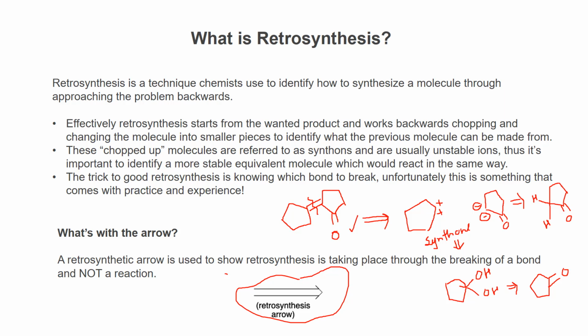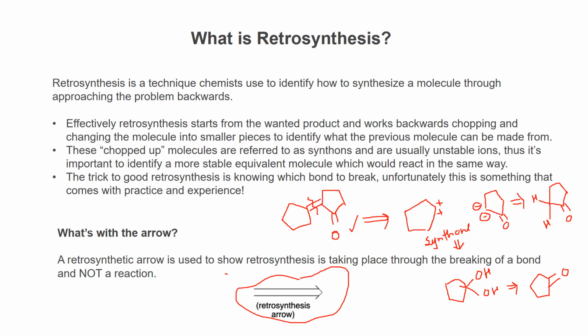These chopped molecules are referred to as synthons and are usually unstable ions. Thus, it is important to identify a stable equivalent molecule, called the synthetic equivalent, which would react in the same way. So the trick to a good retrosynthesis is knowing which bond should be broken first, and that knowledge can be gained just by practicing more and more questions.